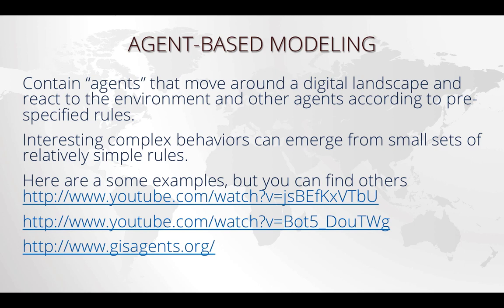These could be people who are interacting economically in different ways in an area. But we get really interesting and complicated behaviors that mimic what we see in reality, and they're actually based on relatively simple rules of how these agents interact with each other.